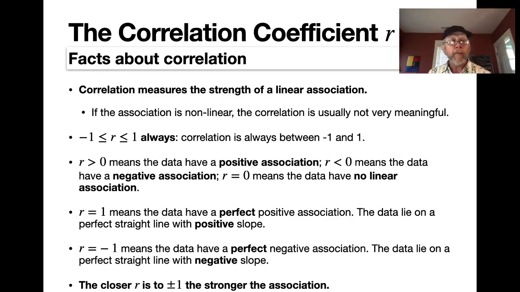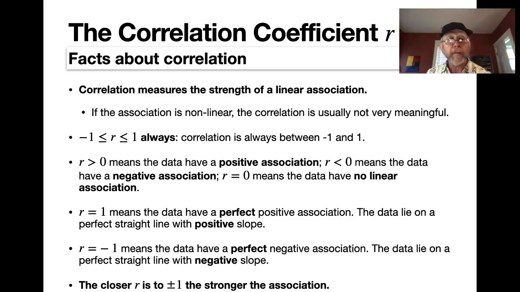A correlation coefficient of -1 means that you've got a perfect negative association. Your scatter plot will form a perfect straight line with a negative slope. And again, that doesn't happen often, but when it does, you'll have a correlation of -1. And so correlation of 0 means there's no linear association. A correlation of ±1 means there's a perfect positive or negative association.